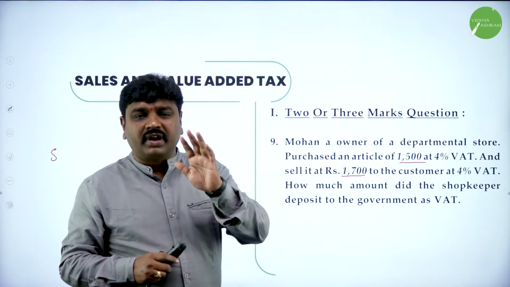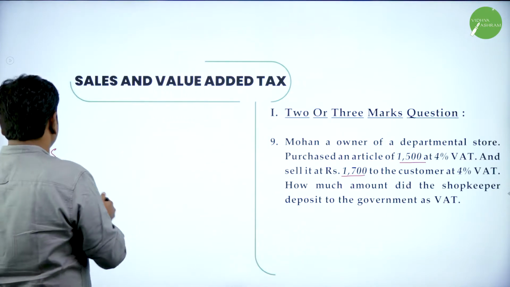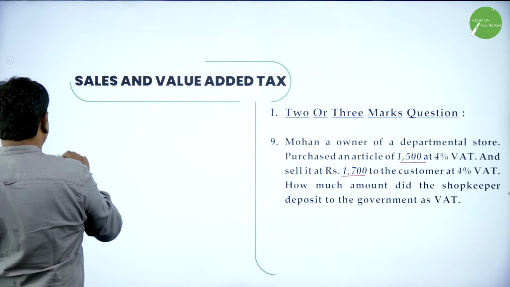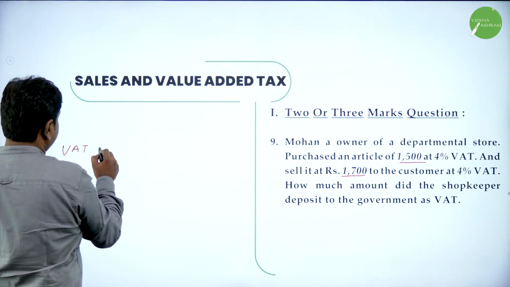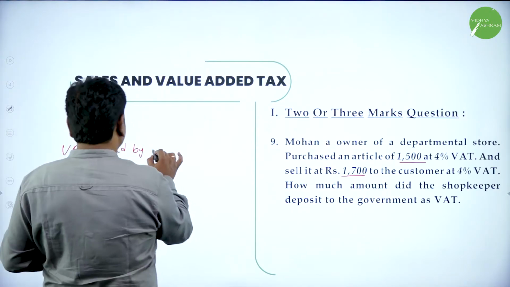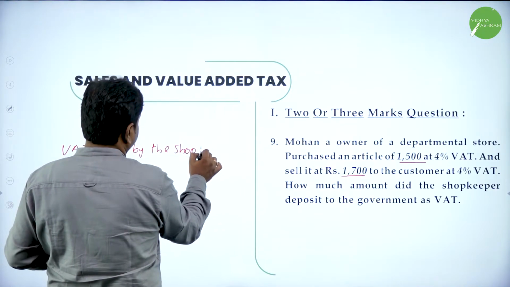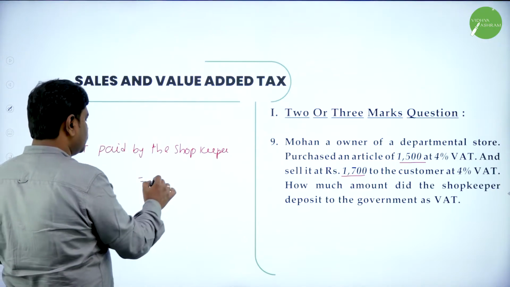See, dear students, VAT is calculated in successive stages. So first stage is, so shopkeeper, VAT paid by the shopkeeper initially. Initially means what?